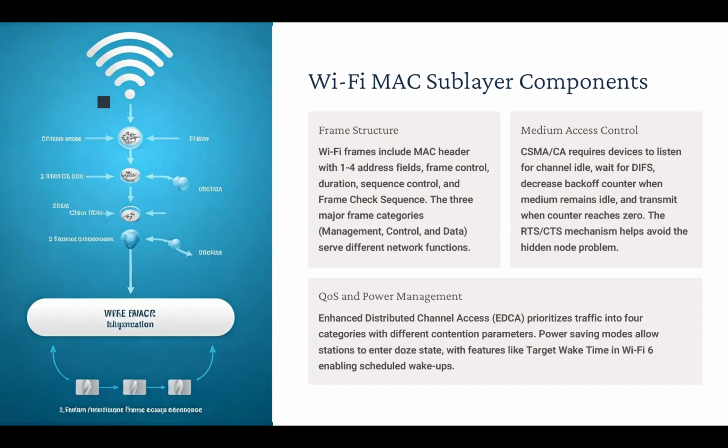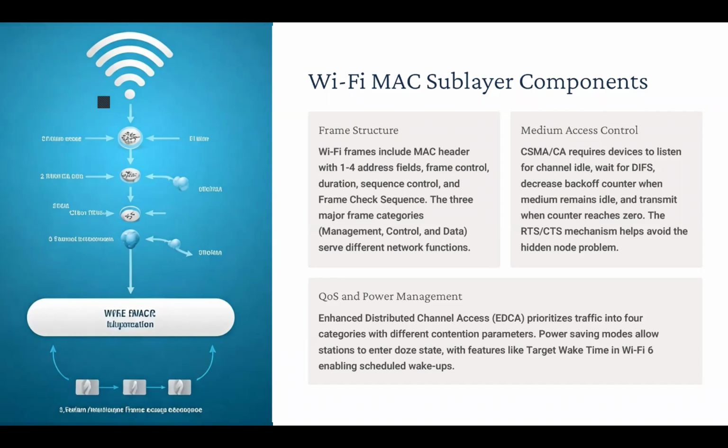Now, the RTS-CTS mechanism reserves the channel by exchanging short control frames, and it happens before the data transmission, which basically informs the nearby stations to stay silent during the exchange, which solves the hidden node problem when we have a dense wireless environment.